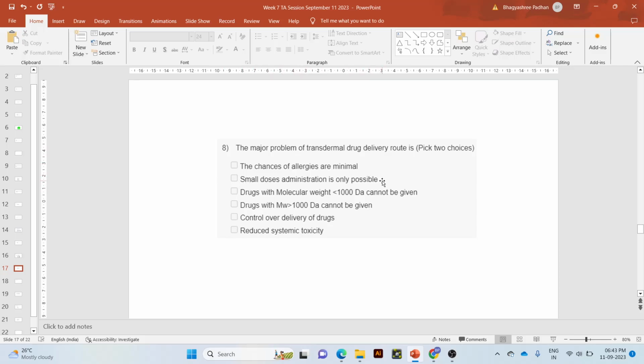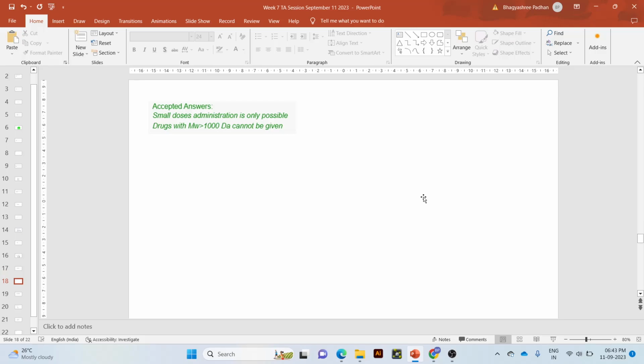It allows up to 10 mg per ml of drug, not more than that. Also, drugs with greater than 1000 Dalton cannot be given, as only low molecular weight drugs can be given via the transdermal route. So small doses of administration and drugs with molecular weight greater than 1000 Dalton are the correct options.